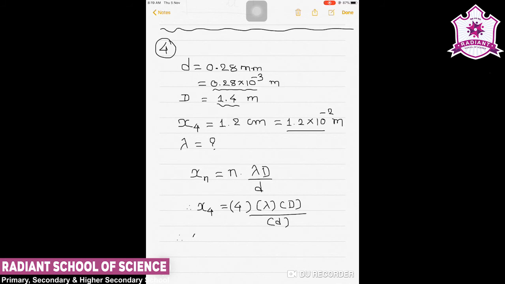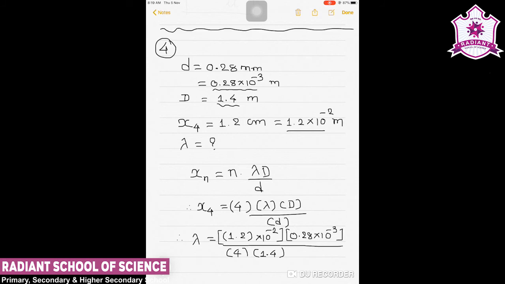So we have lambda equals x4, that is 1.2 into 10 raised to minus 2, times small d, 0.28 into 10 raised to minus 3, divided by n, which is 4, and D, which is 1.4 meter.